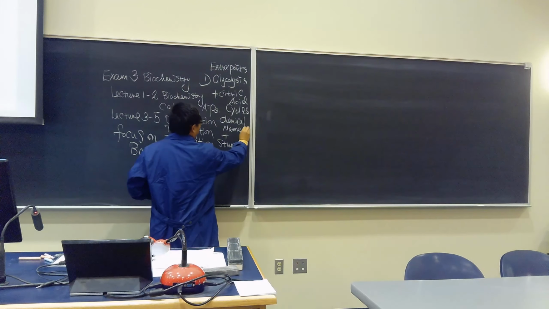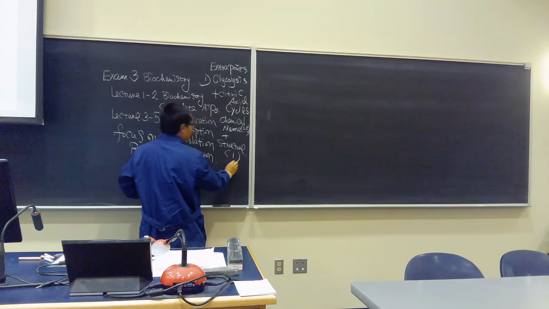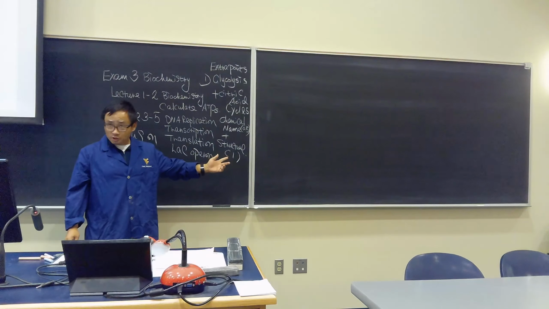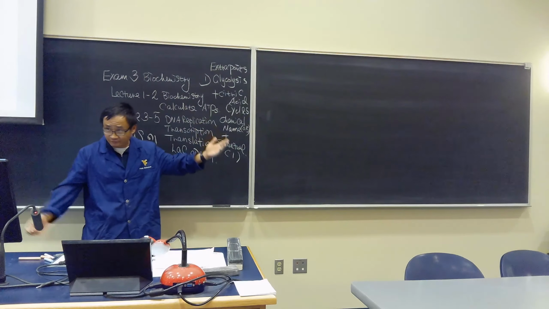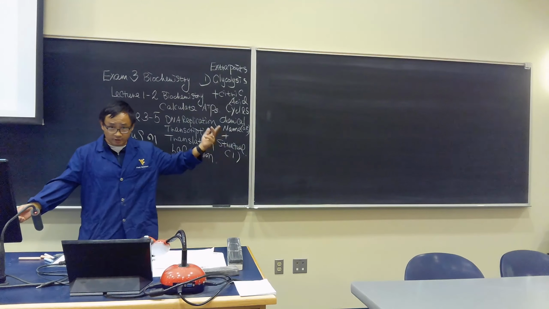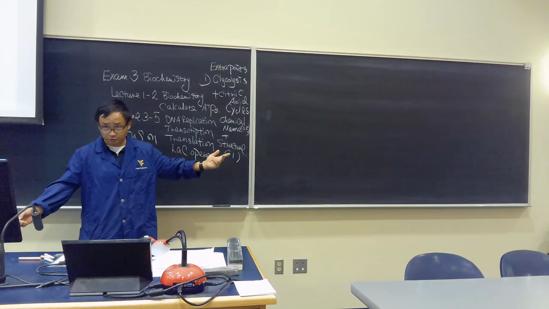This will be 0.5 points for each name, 1 point for each structure. So, if you write glucose there, you get 0.5. You write pyruvate there, you get 0.5. So that's easy to do.